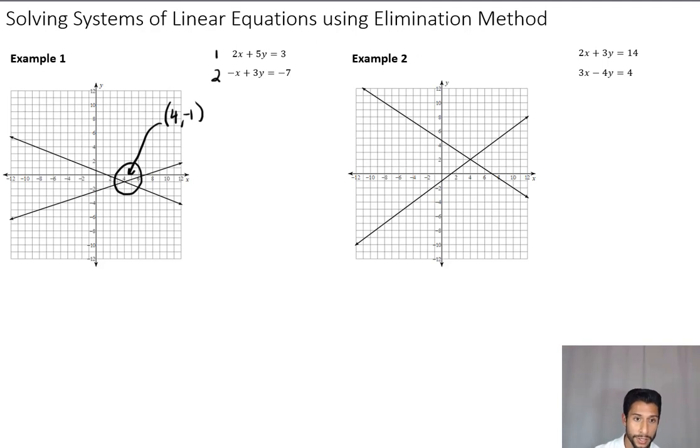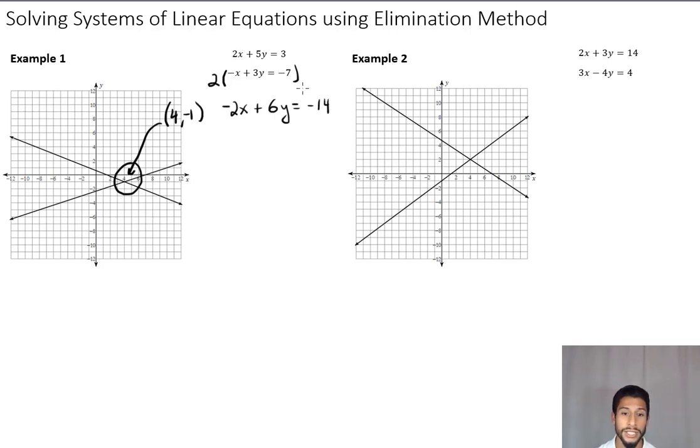So the first thing I'm going to do is erase the 1 and 2 because that's in the way. Now, the real first thing I'm going to do is multiply the second equation by 2, and I'm going to explain why right now. If you multiply that whole equation by 2, it becomes negative 2x plus 6y equals negative 14.